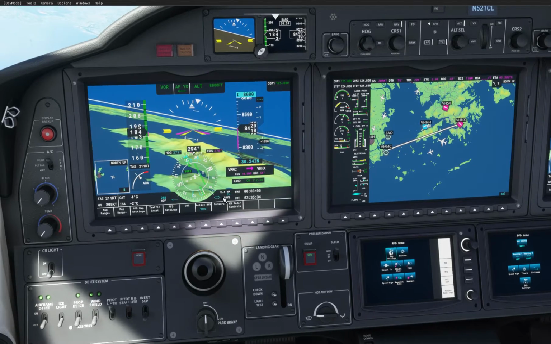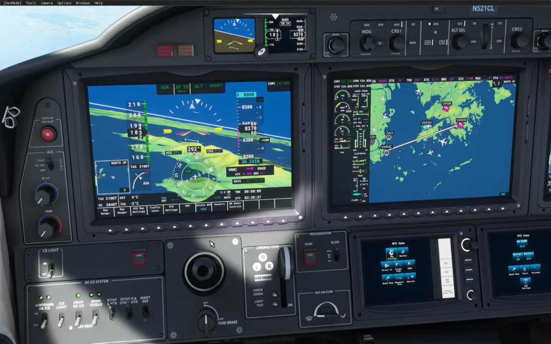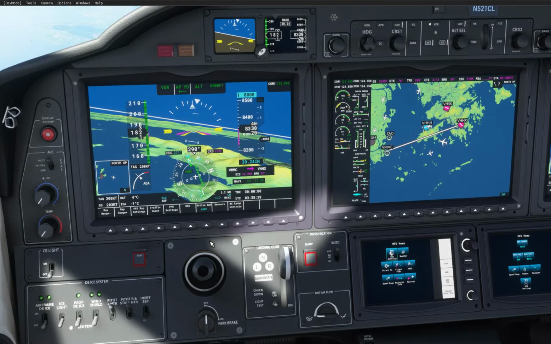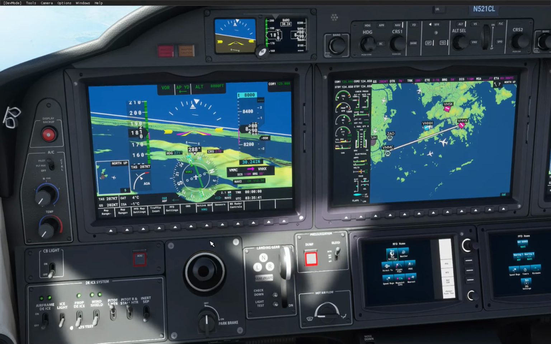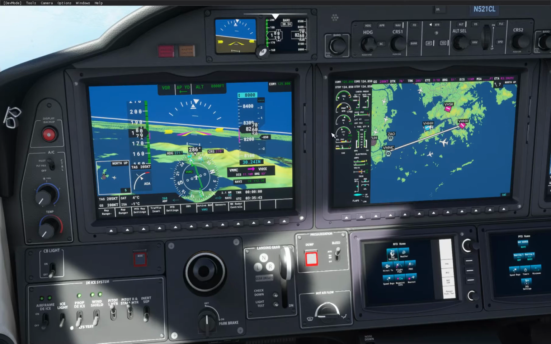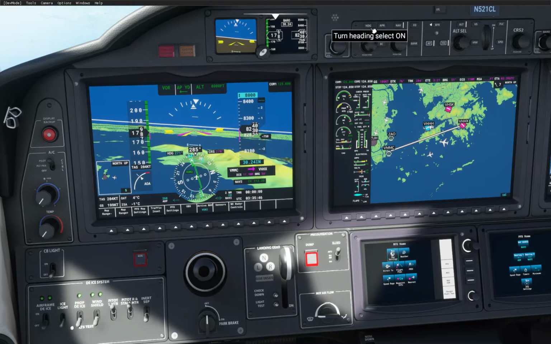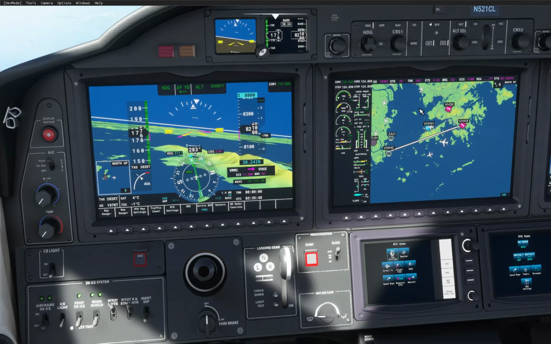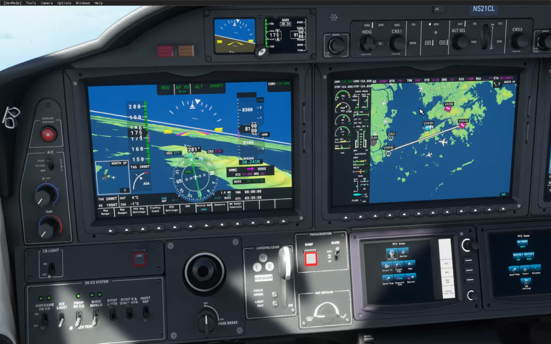Okay, about 2.5 miles from Charlie Hotel. Picking up that 270. I'm going to go ahead and put in heading mode now because we're going to fly right over that VOR.